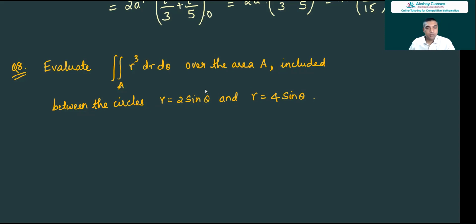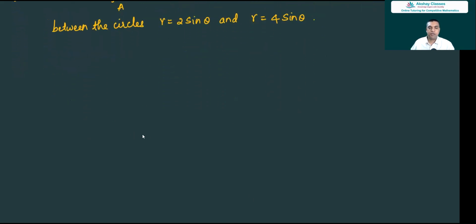Now, the limits are not clear to us. Of course, r goes from 2 sine theta to 4 sine theta, and then theta, where to where, we have to see that. So let us first draw the pole and the circle.